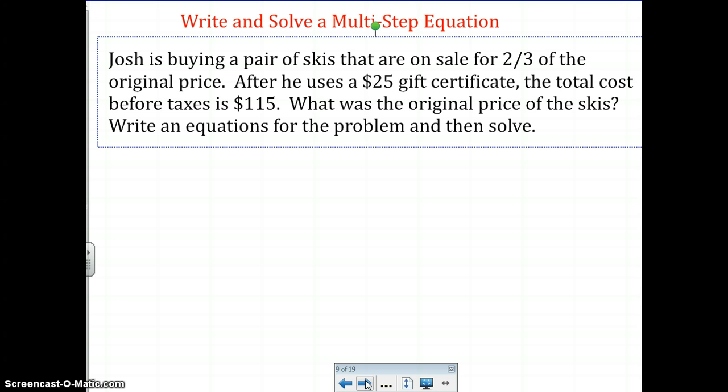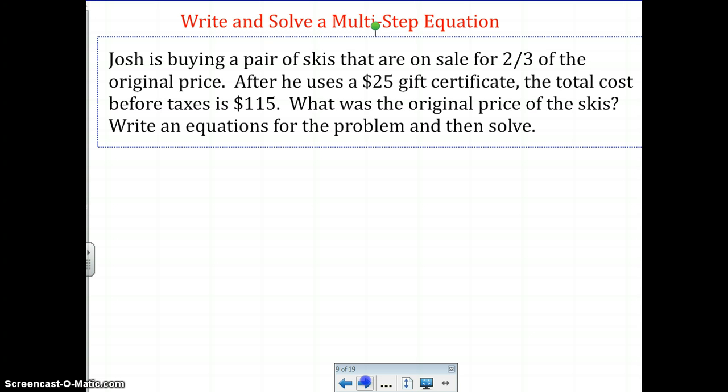Okay, here we have a word problem. Trying to keep in mind that the ski swap's coming up this weekend for those who are interested in joining ski club. So Josh is buying a pair of skis that are on sale for 2/3 of the original price. After he uses a $25 gift certificate, the total cost before taxes is $115.